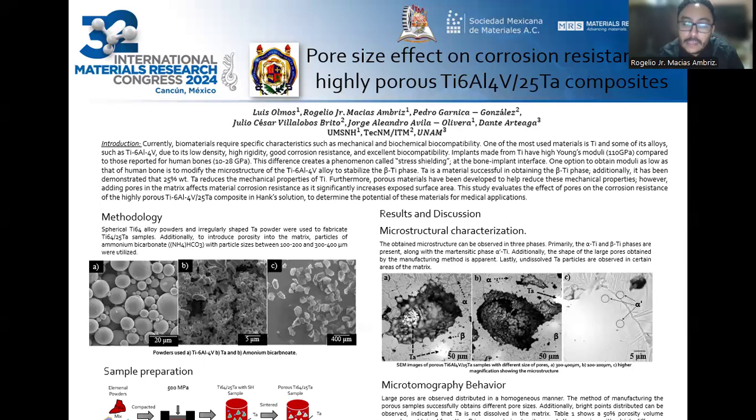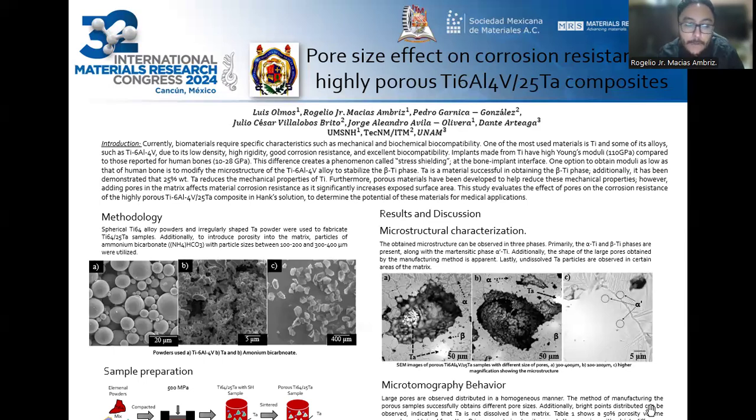This modulus is significantly different compared to that of human bone, 10 to 28 gigapascals. This difference prevents optimal coupling between the implant and the bone.